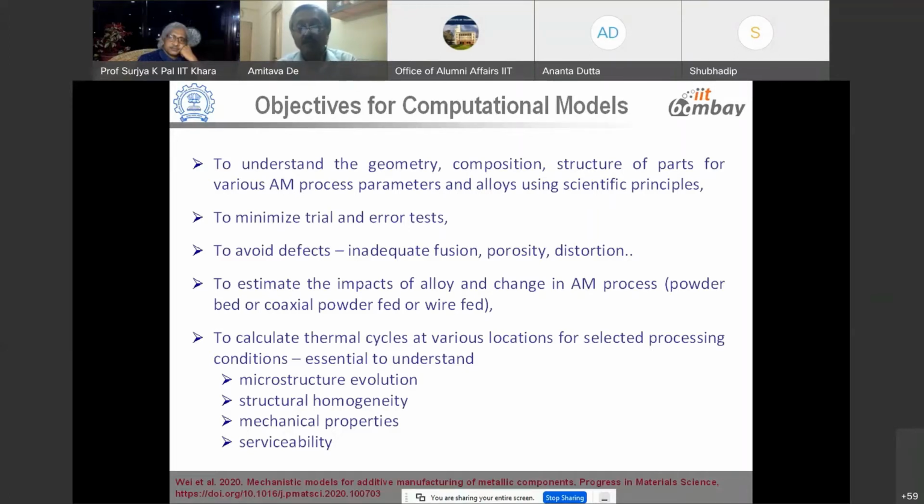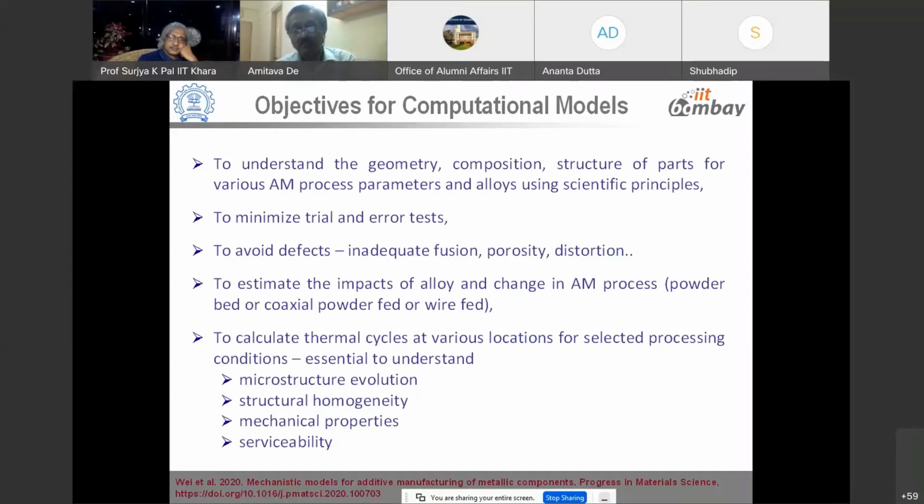And of course, to calculate thermal cycles, because most of the metal additive manufacturing processes are basically thermal dominated processes. So how the thermal cycles are prevailing at different locations for different processing conditions.